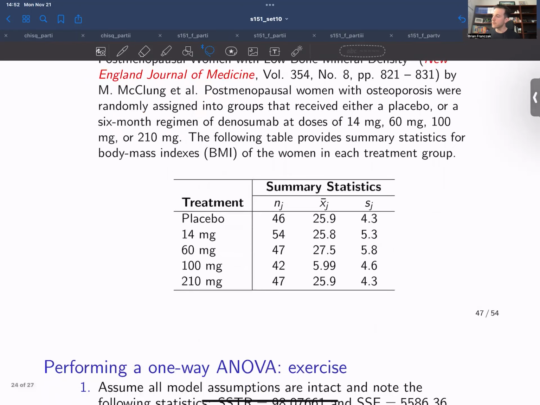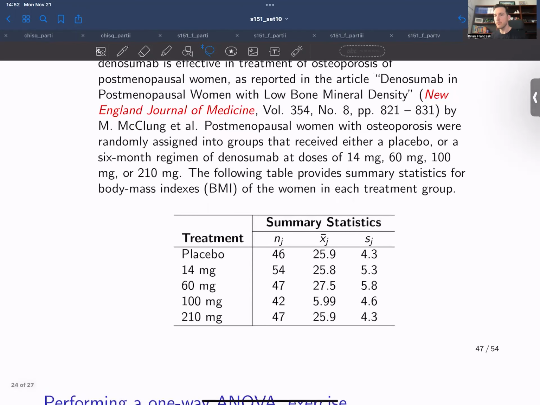All right, so you can see in this illustration, the way that the data is presented is a table that shows 5 different groups. So we can imagine that each of these groups, so the placebo, the 14, the 60, the 100, and the 210 dosage groups, those are individual groups with their own population mean. So imagine there's a mean for each of the 5 groups. So 5 population means in total.